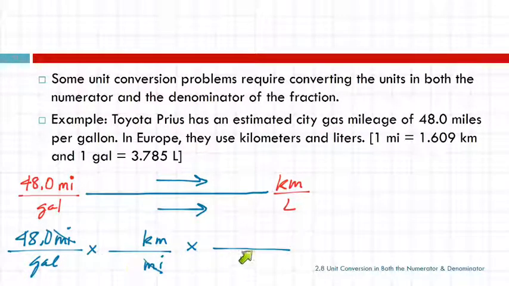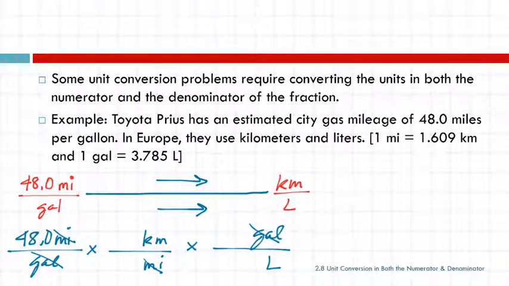So gallons to liters. So liters goes here. To get rid of gallons, because it was originally down here, I need to multiply by gallons instead of dividing. So I put gallons up here, because if I have gallons in the denominator and gallons in the numerator, they're going to cancel out. So my units are working out.